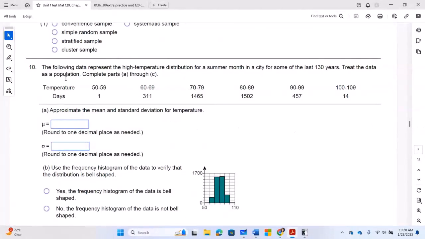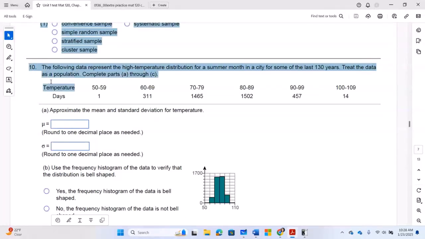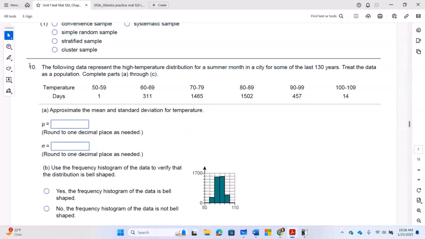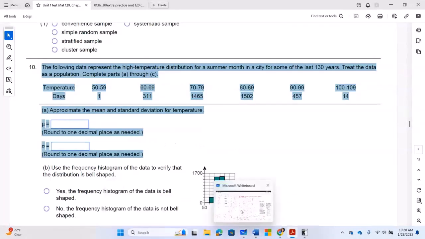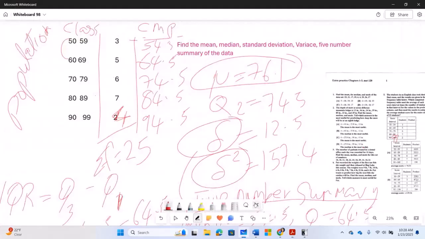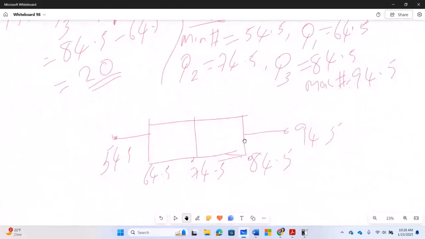So let me copy this group data, just this one, and see if I can put it in my whiteboard. I'm going to move the whiteboard up a little bit and try to paste this data there, see how it goes.